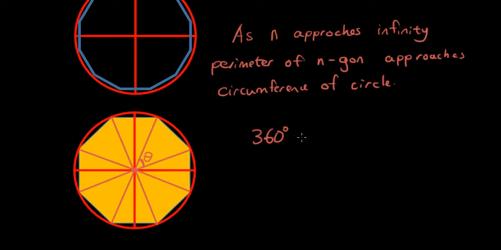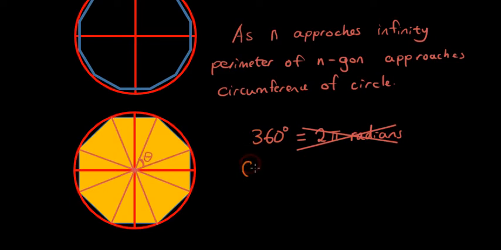Now, 360 degrees is also equal to 2 pi radians. Actually, that's not going to help us because we don't know what pi is at the moment, so let's just forget that. At the center of the circle it's 360 degrees.